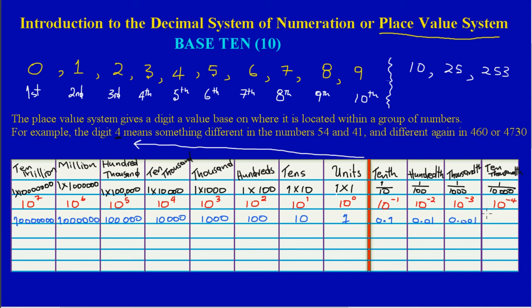And in my 10,000 column, I would have a 0.0001. And this is how we represent numbers on our place value system. And this final method that we have just used is called the decimal form.